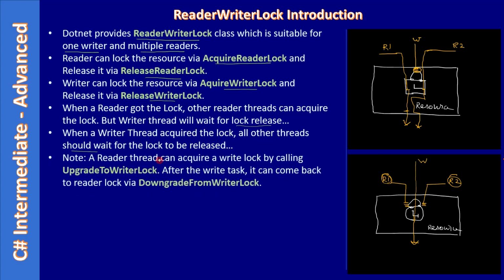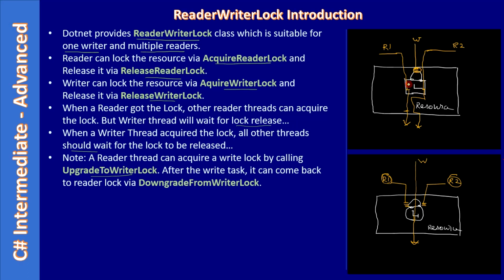A reader thread can acquire a write lock by calling upgrade to writer lock. A reader thread has less security on the resource. Why? Because a reader thread allows other reader threads, and only the writer thread will get blocked, right?